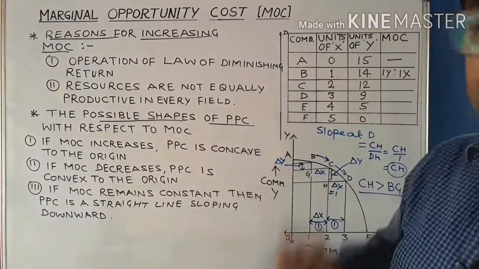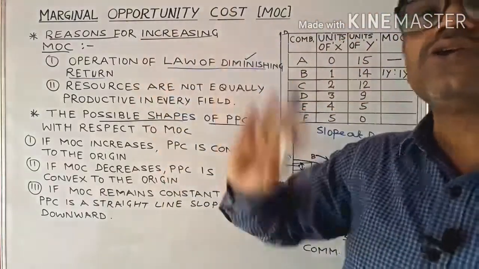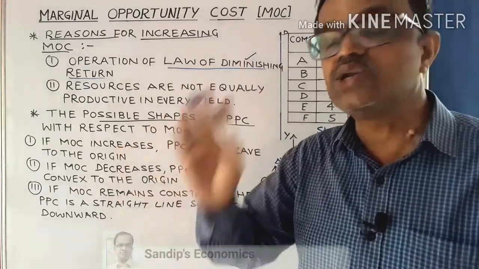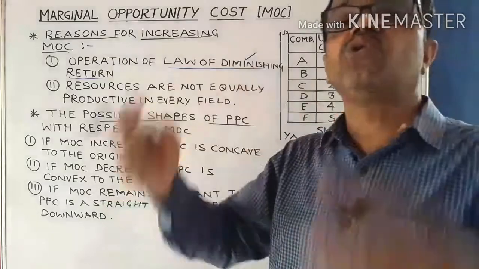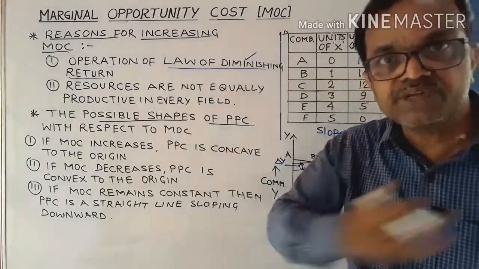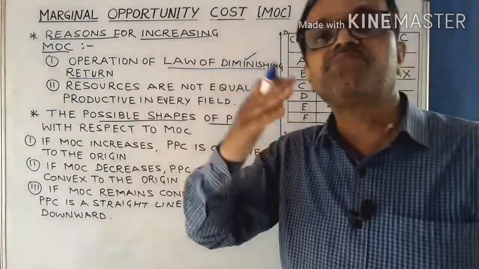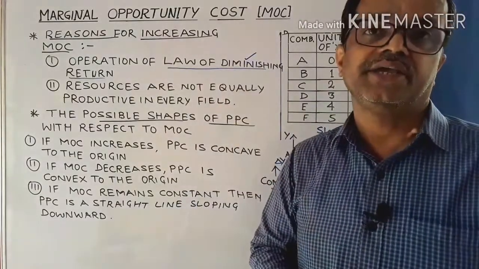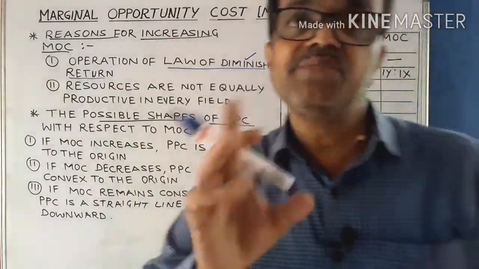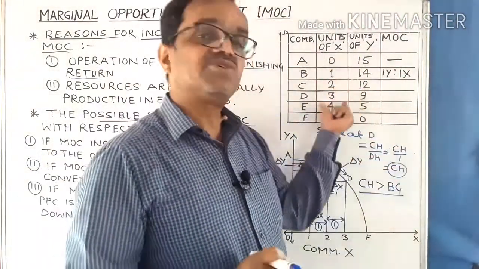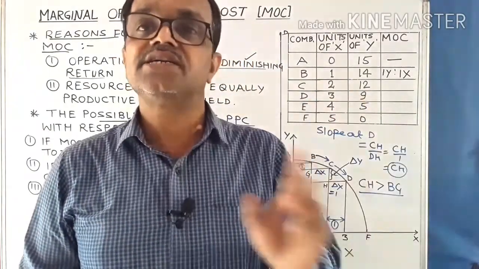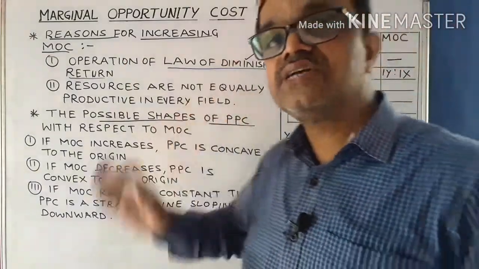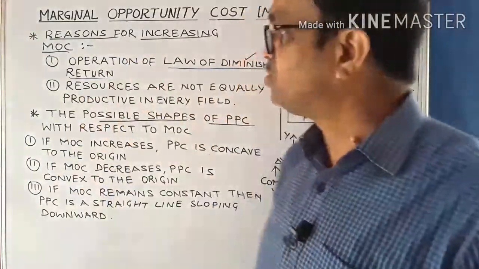So there are 2 factors. In any field of productive activity, the law of diminishing returns operates, and as more and more resources are used up in the due course of time, their productivity goes on decreasing, and therefore to produce the same additional unit of commodity X, now more resources are required, and that's why the number of units sacrificed of the other commodity goes on increasing.